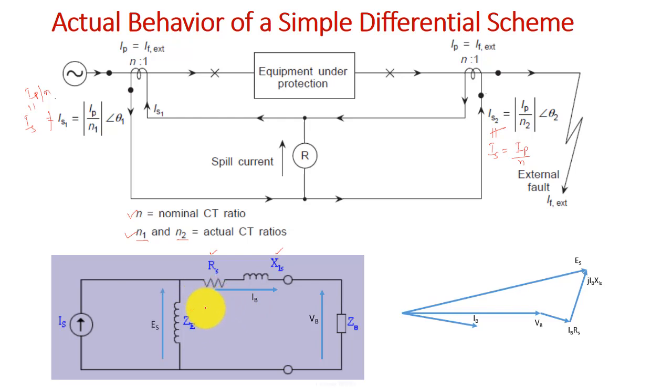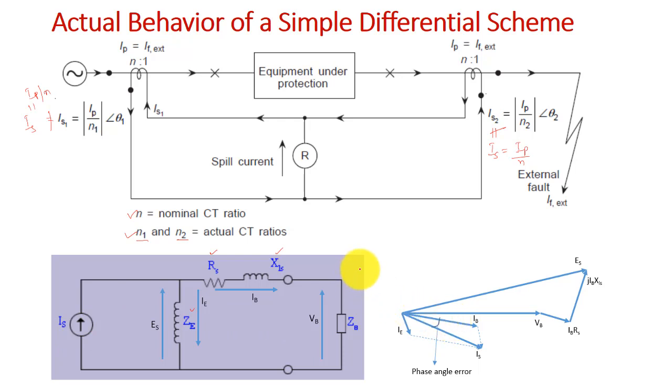Now the magnetizing current, let us say IE, lags ES. Because this is inductive in nature, it will approximately lag by 90 degrees. By summing IE and IB, we will find IS, that is the secondary current, right. This is the actual IS that needs to flow in the circuit.